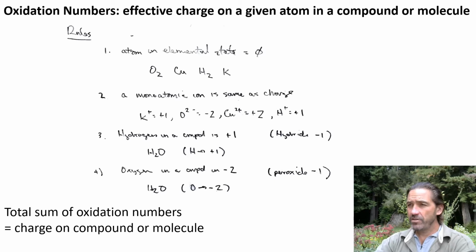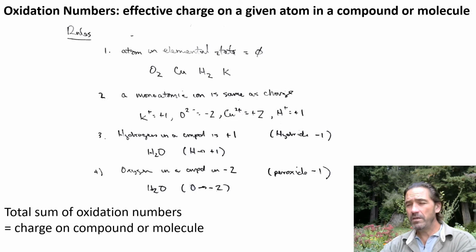Oxidation numbers are the effective charge on a given atom in a compound or molecule. If you recall from chemistry, many things have a charge associated with them when they're an ion, but not really the molecule.